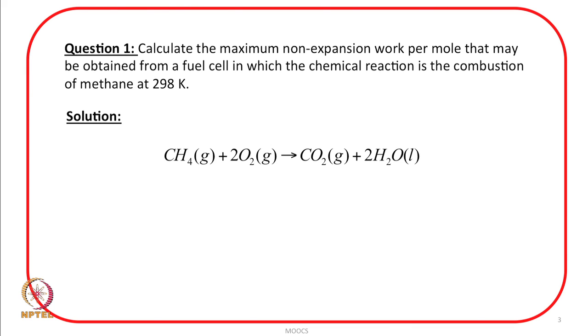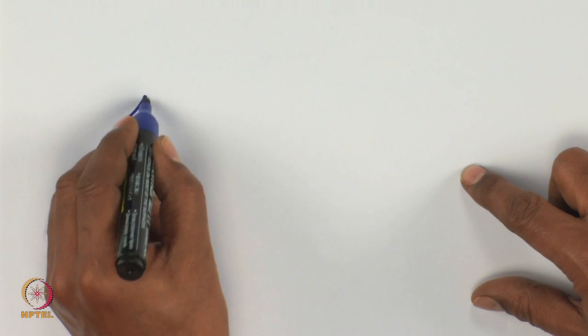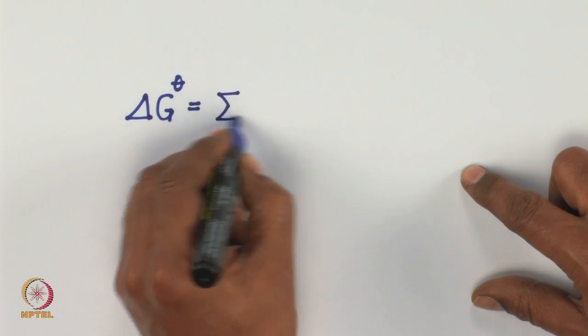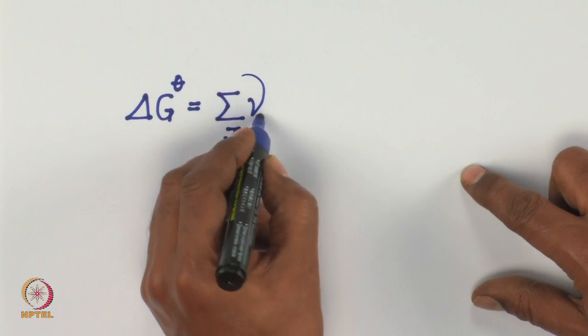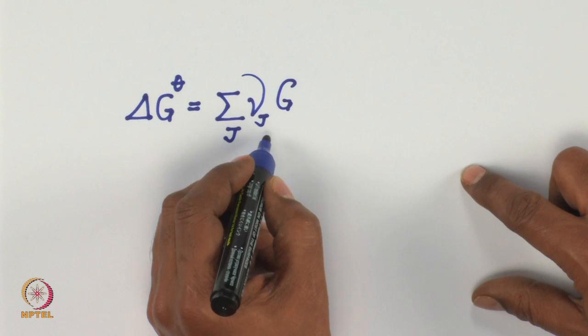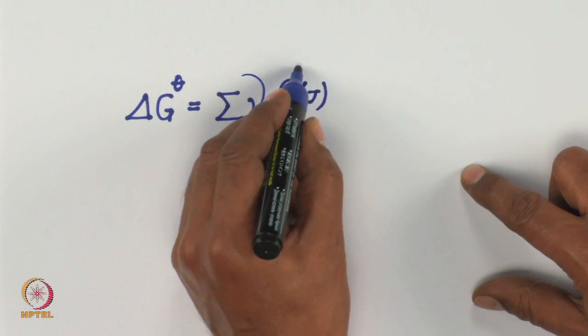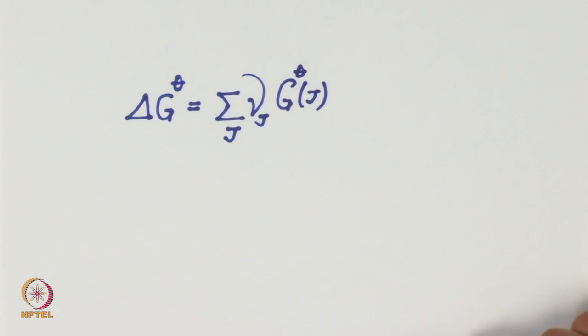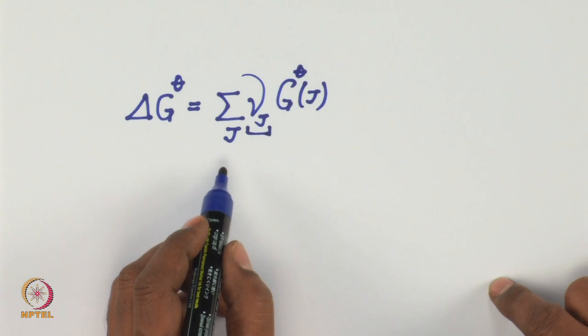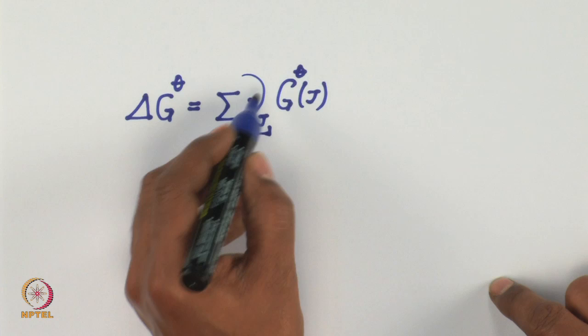Remember that we have earlier discussed in the standard molar Gibbs energy that delta G naught we can calculate from summation j nu j G j naught, where this stoichiometric number is positive for products and negative for reactants.